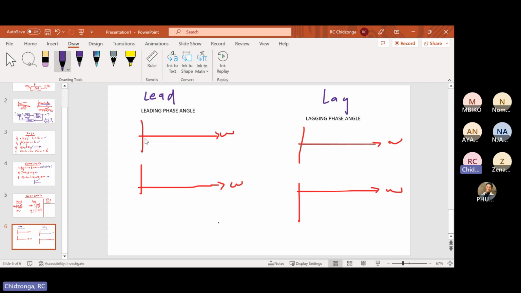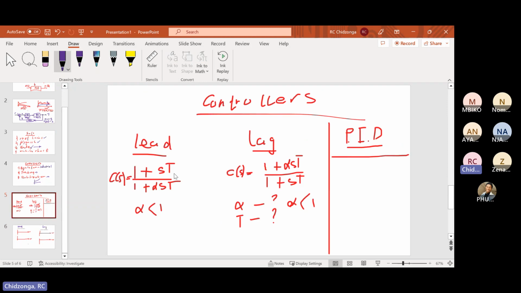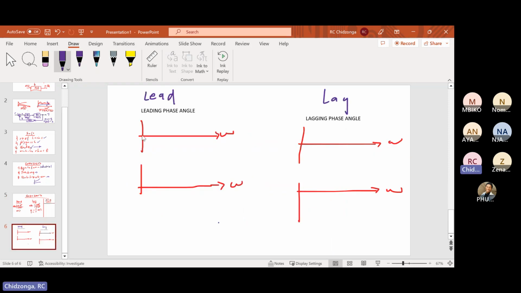For the lead, remember, this is our transfer function. The alpha is in the bottom, right? The lead controller will do this. That's the magnitude. This is like a straight line, right? It's meant to be a straight line. And we defined this point and that point, right?